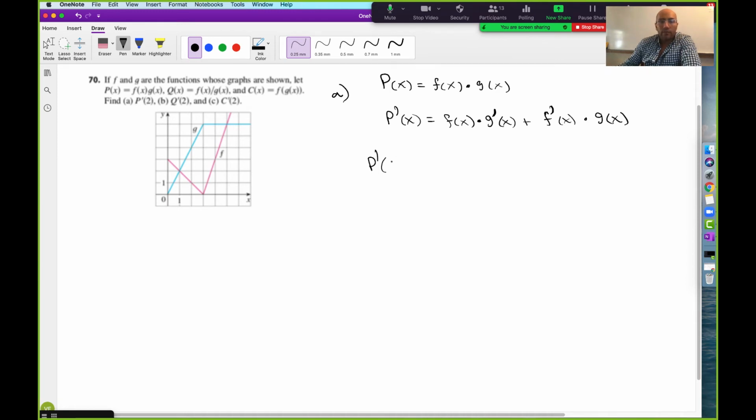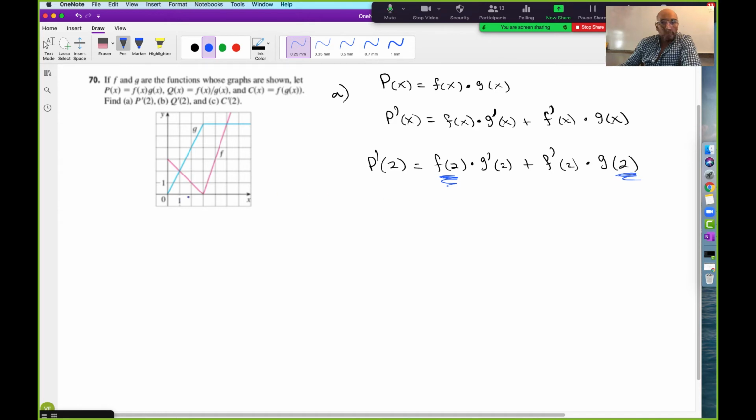So p prime of 2 is going to be equal to f of 2 times g prime of 2 plus f prime of 2 times g of 2. Okay, so now these are really easy. f of 2 and g of 2.